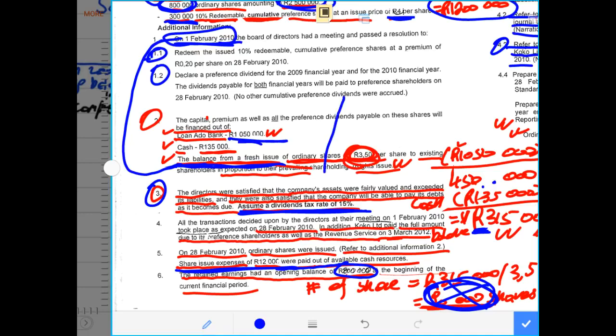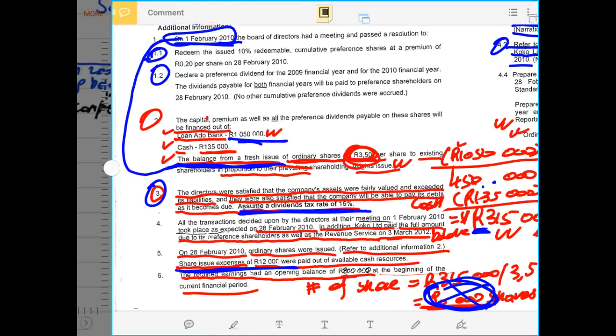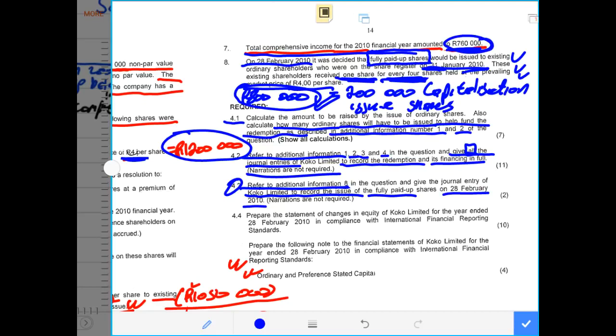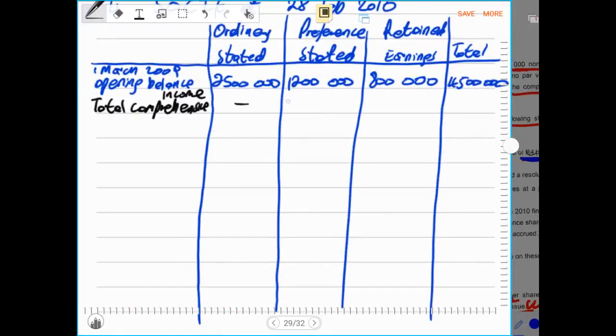Our total comprehensive income was given, let us check, yes, under number 7. Total comprehensive income was 760,000 rands. So now we take that as it is. Remember, there's no revaluation surplus, so we just record that under retained earnings, 760,000, and it must also go under total.